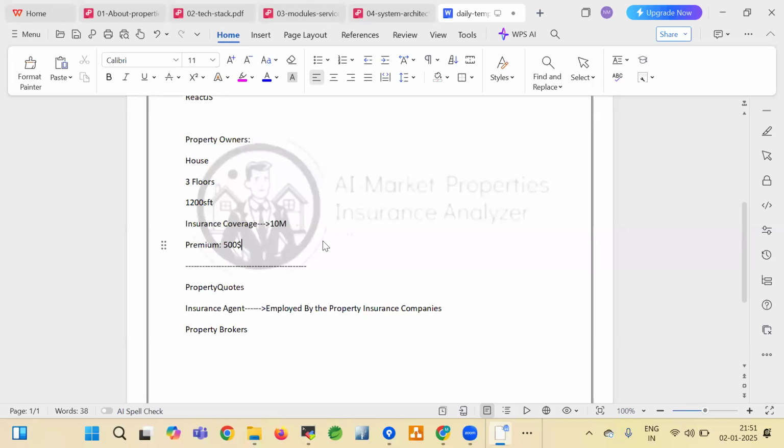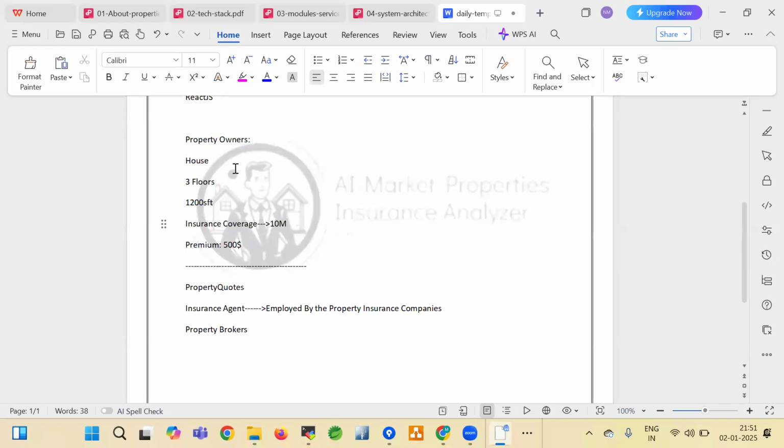Now imagine if there were a system which can take these quotations, pass them to the insurance agents, and get the agents' responses back about the property quotation the property owner submitted.